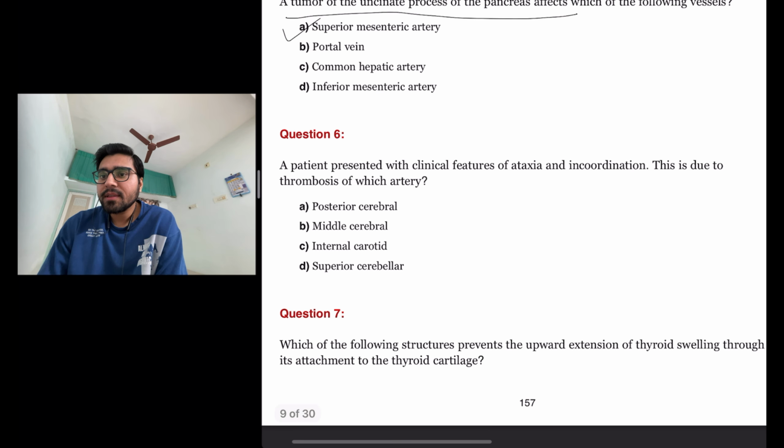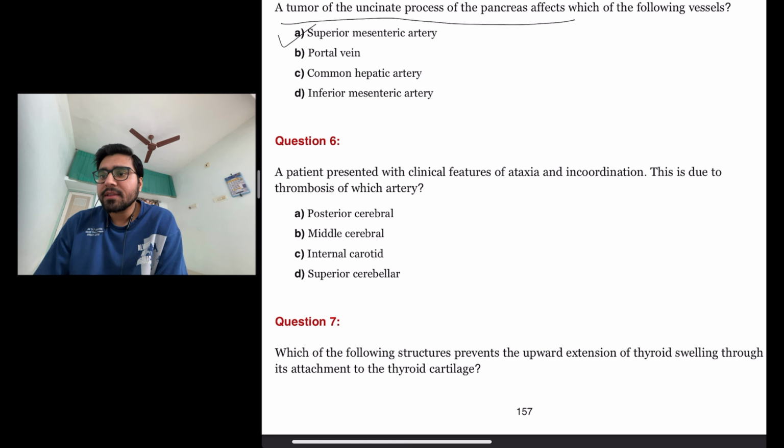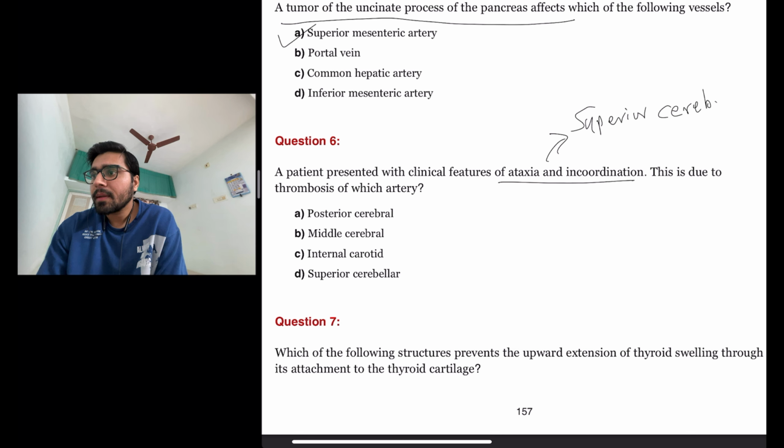Next question is, a patient is presented with clinical features of ataxia and incoordination. This is due to thrombosis of which artery? Ataxia and incoordination actually happen by the superior cerebellar artery.